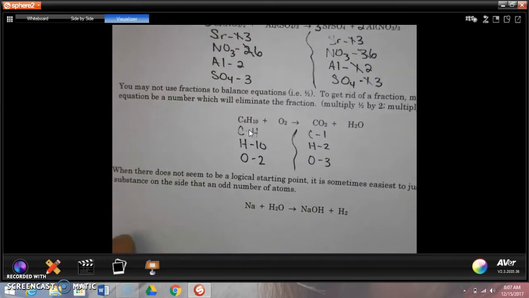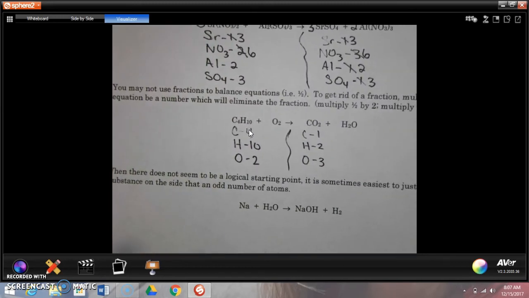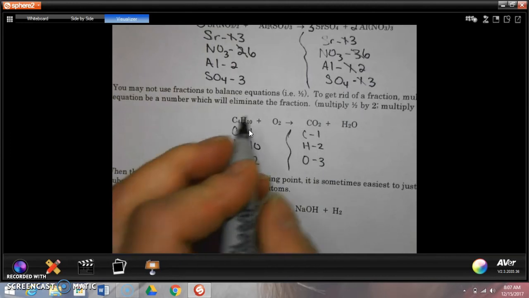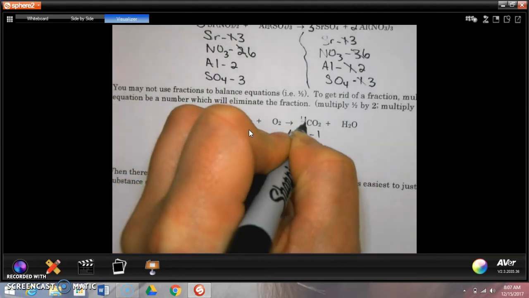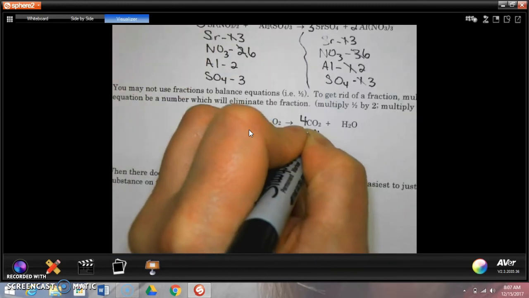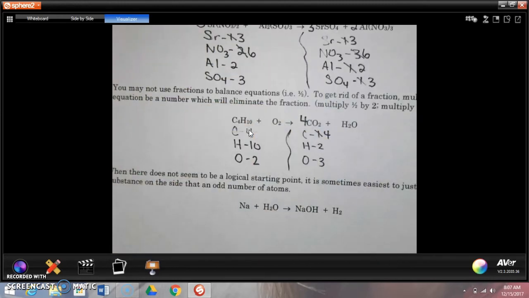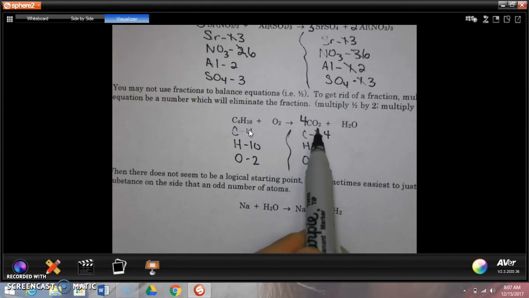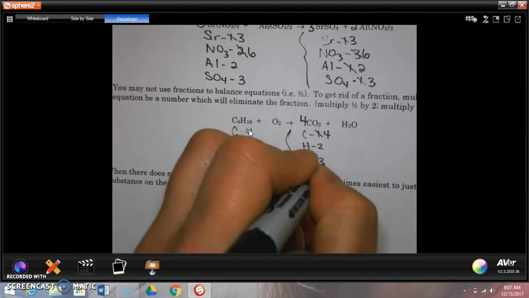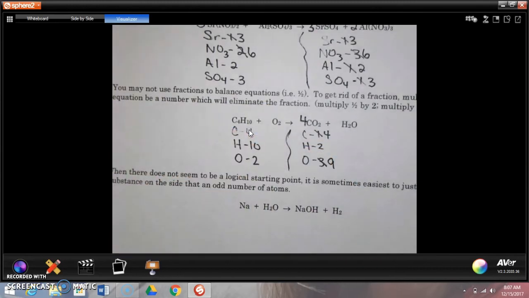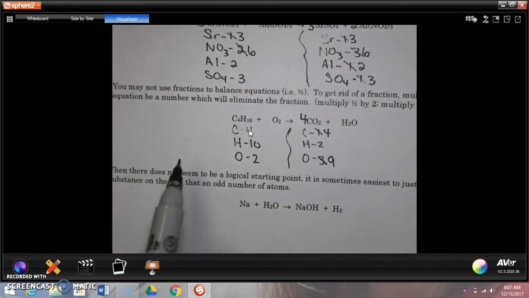So now this is the case where you definitely want to save oxygens for last. So 4 carbons, 1 carbon, so I can put a 4 there. Let's recount our oxygens. So now I have 9 oxygens, but my carbons are now balanced. Then I can go on and do the hydrogens.